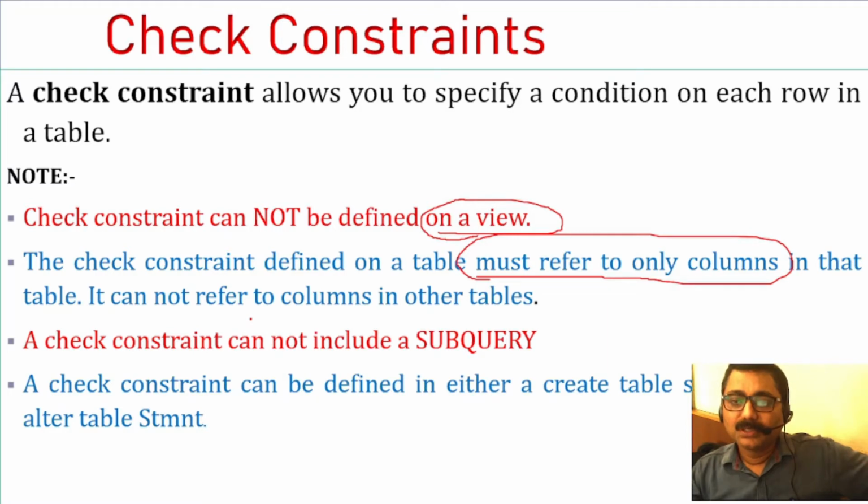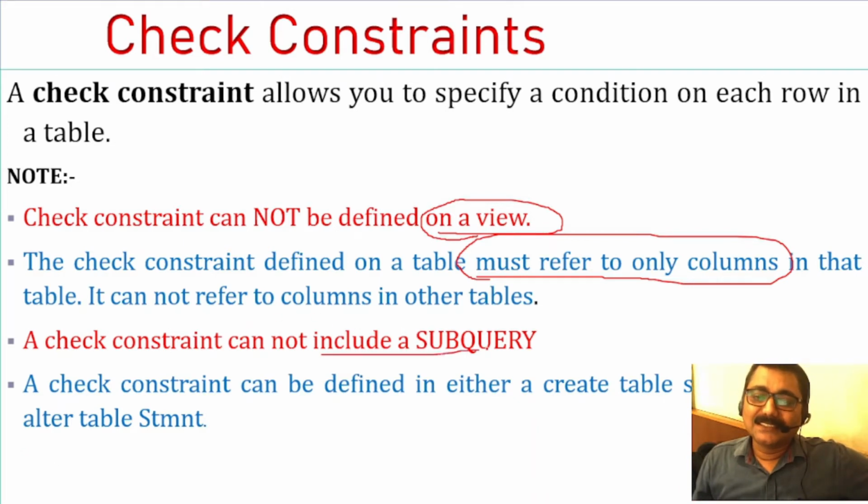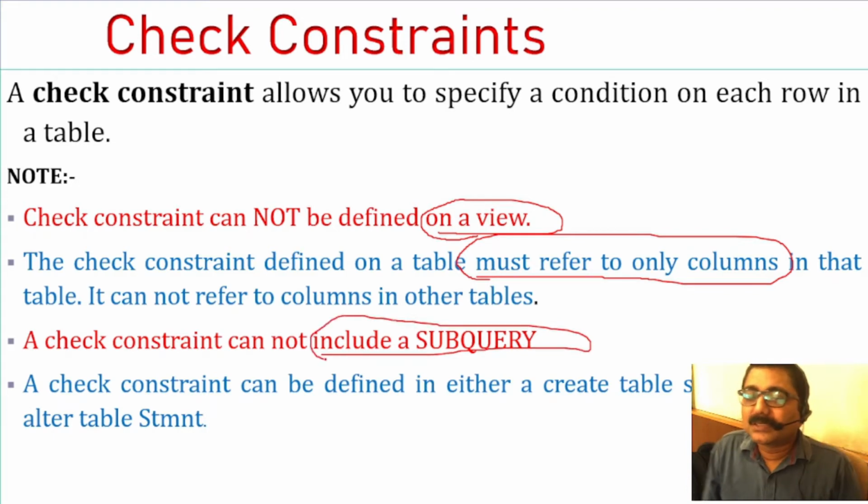So sure, it is a limitation of check constraints that they can put a rule only on a column of the table where you want to apply the check constraint. One more limitation of the check constraint is that you cannot include a subquery while defining a check, right?